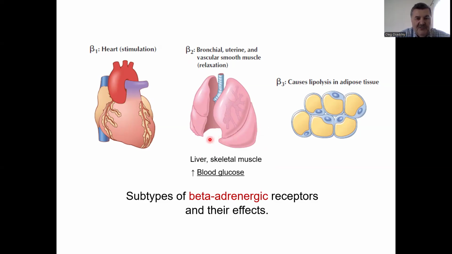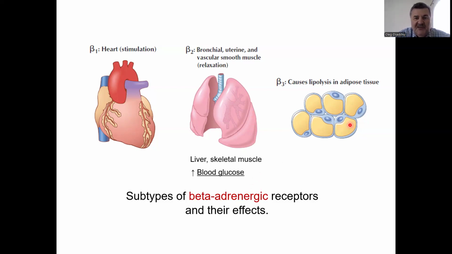Therefore, a great amount of glucose is then released from liver to the blood. In the skeletal muscle, stimulation of these receptors reduces glucose uptake from the blood. So all these actions taken together contribute to increased blood glucose levels, which is called hyperglycemia.